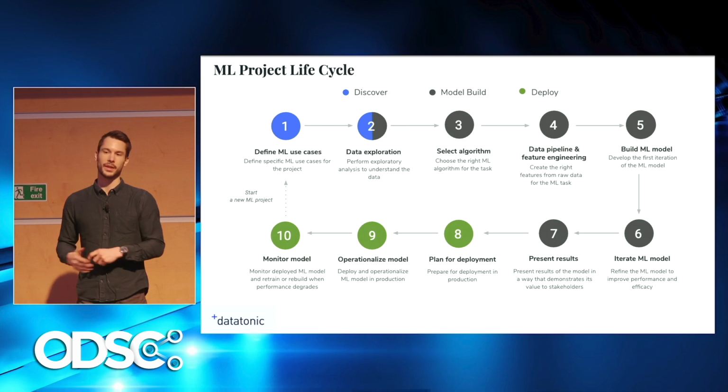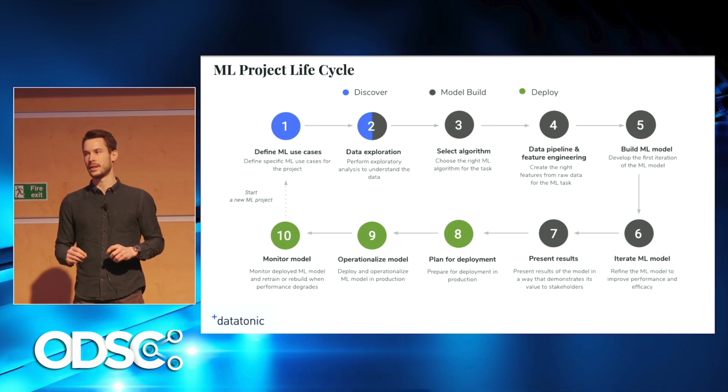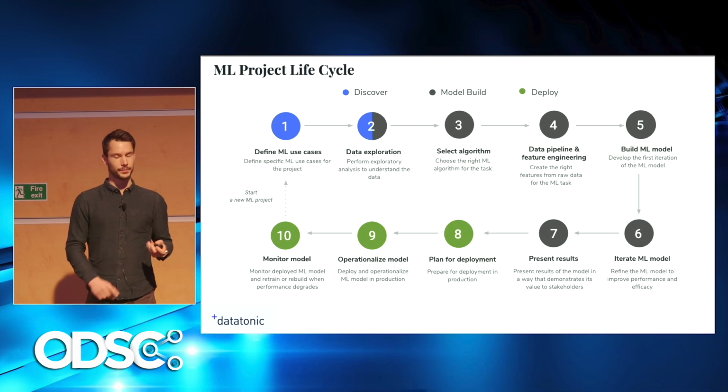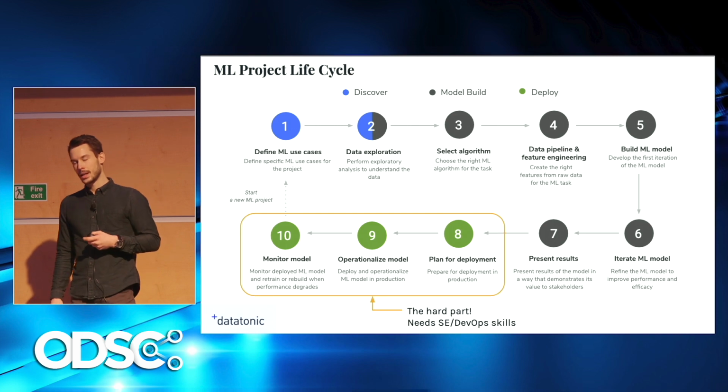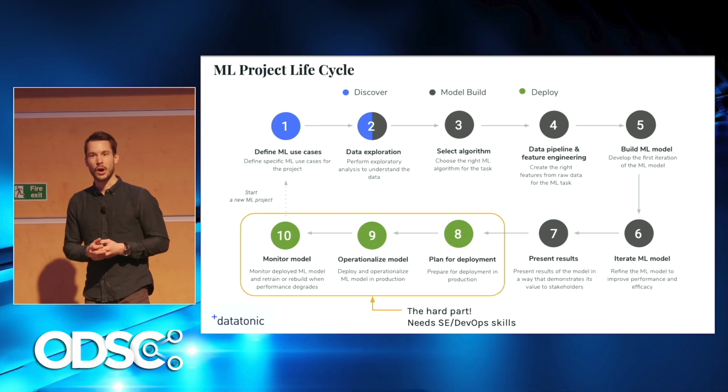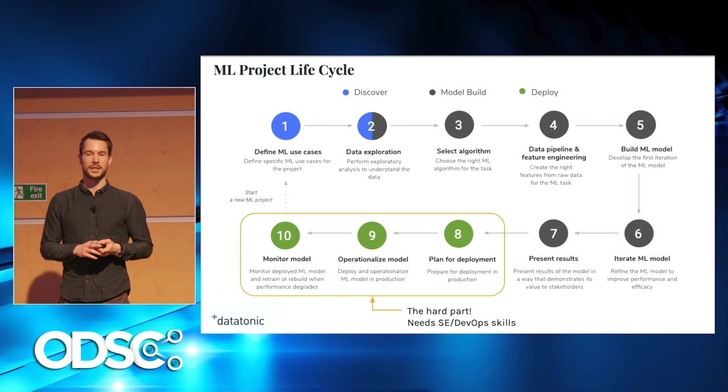Well, let's assume we built something nice, it all works out, results are great, and we get the go-ahead for operationalization. We want to follow through steps 8, 9, and 10. And this is what I think is the hard part for many data scientists.